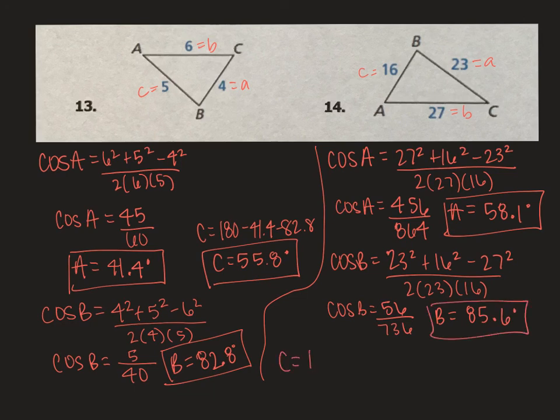And then for angle C, 180 minus 58.1 minus 85.6 is 36.3 degrees.